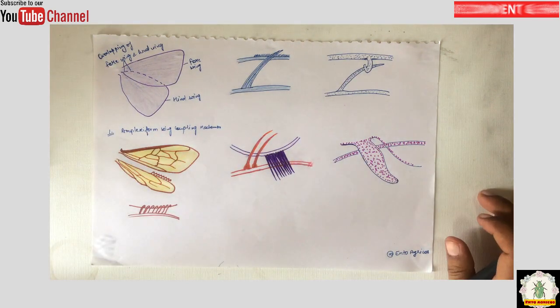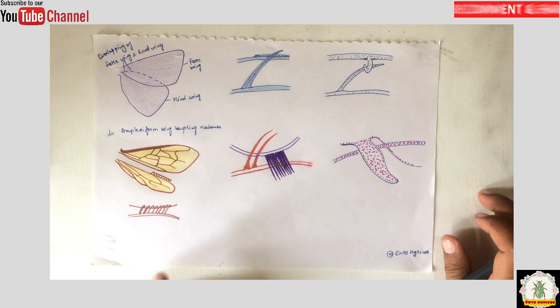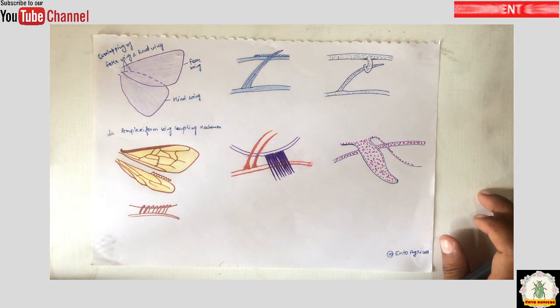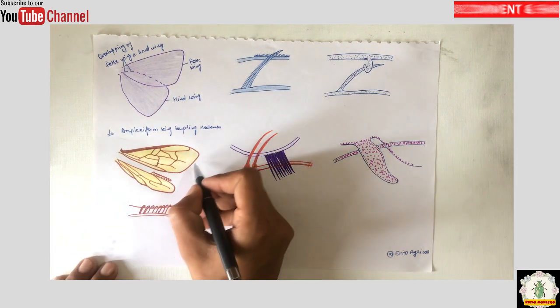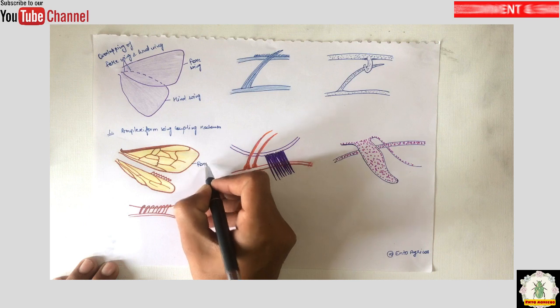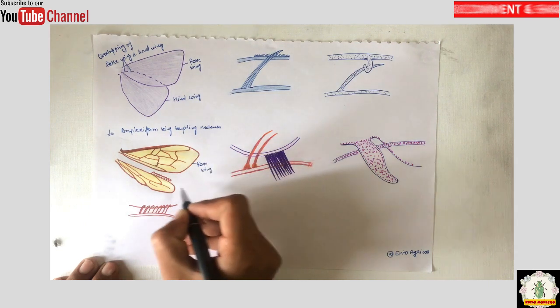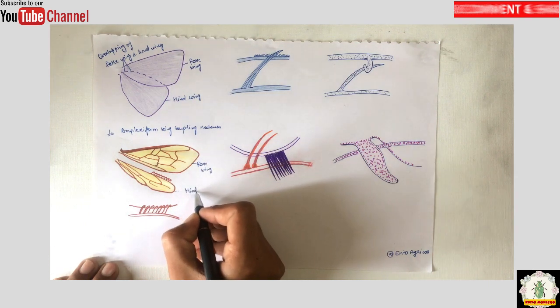Next is the hamulate wing coupling mechanism. This is a diagram for the hamulate wing coupling mechanism, and I have drawn the diagram of the honeybee wing. So this is the forewing, and this is the hind wing.